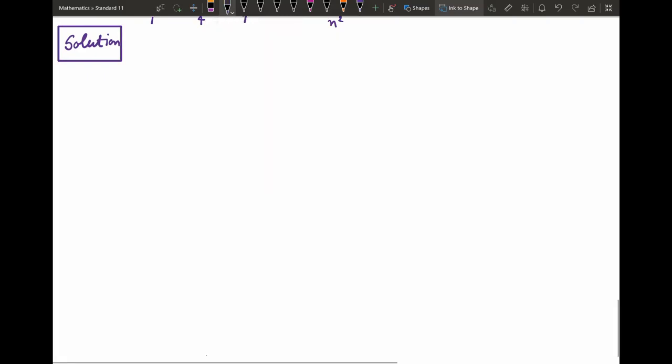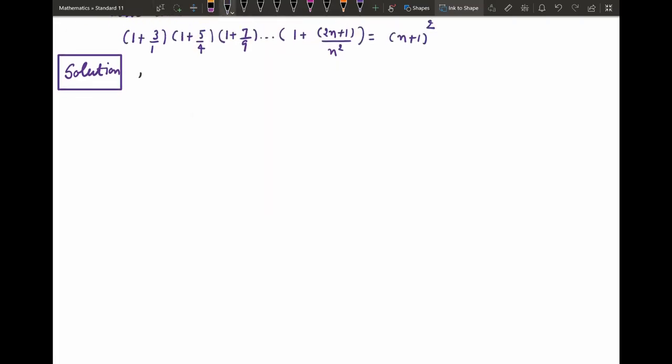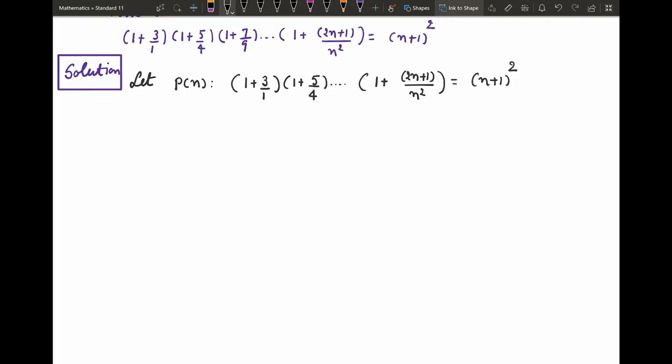Let P of n be: 1 plus 3 by 1, into 1 plus 5 by 4, and so on, into 1 plus 2n plus 1 upon n square, equal to n plus 1 whole square.